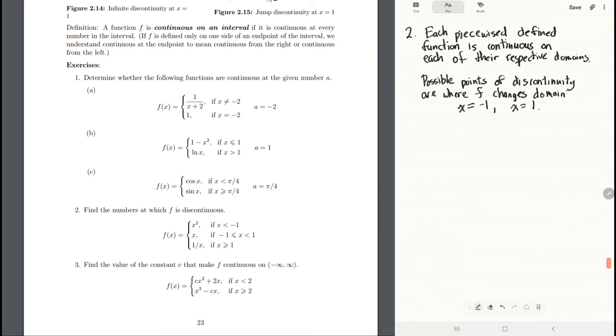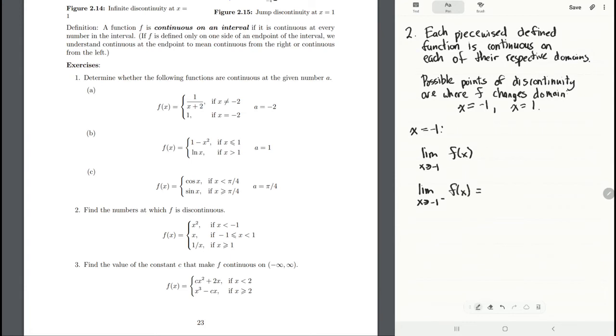So let's first have a look at -1. So we'll check the two-sided limit. And since the function will depend on whether we approach -1 from the left or from the right, then we're going to need to look at the one-sided limits separately. So we'll check the one-sided limits to -1.